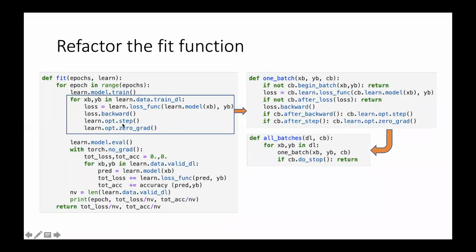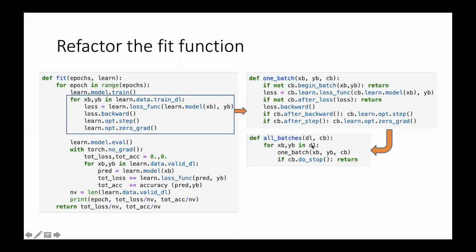And then this is the refactoring. So you have this fit function. He takes this particular section and says, I'm going to refactor it into what can be done per batch. So he calls it one batch. And then he writes a lot of callbacks into it: begin batch, learn.loss_func, learn.model, after loss, after backward, after step, etc. Then he says, now I don't have to do it just for one batch, I have to do it for all the batches.